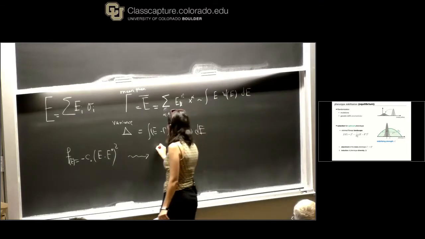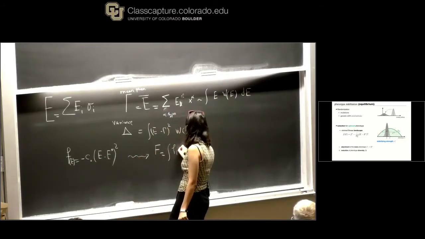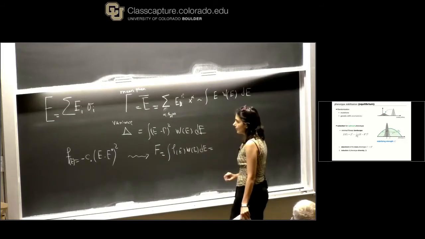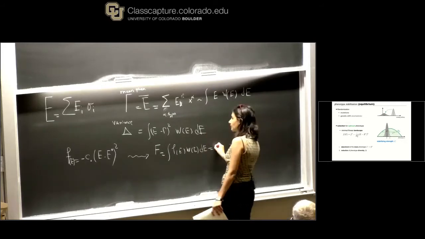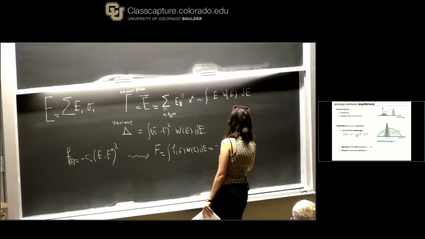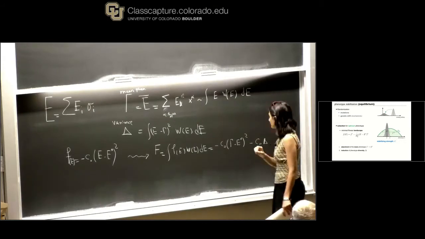It is the integral of f of E, w of E dE, a simple Gaussian integral. The solution is minus C0 times gamma minus E star squared, minus C0 times delta.